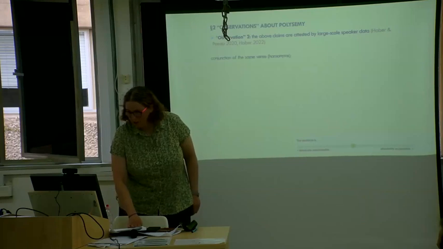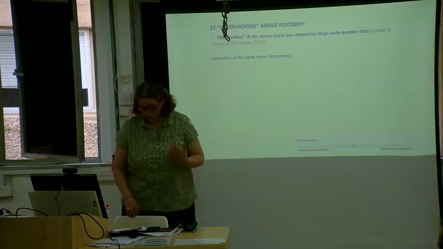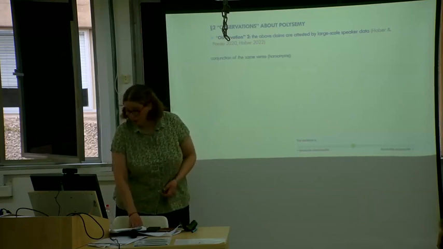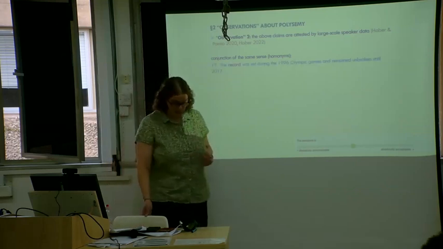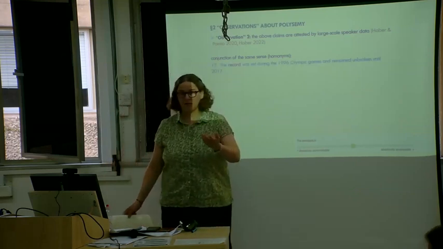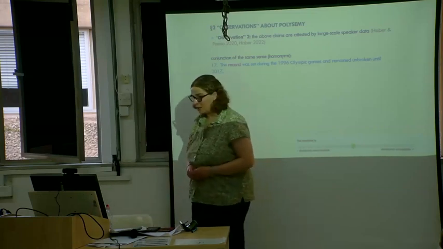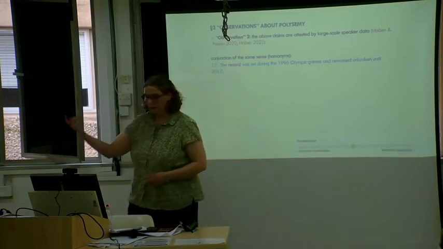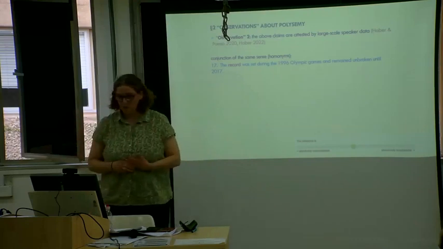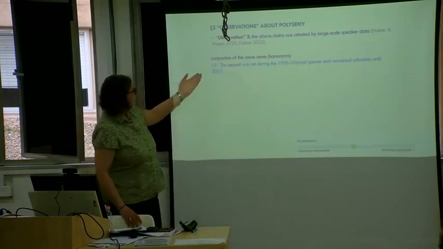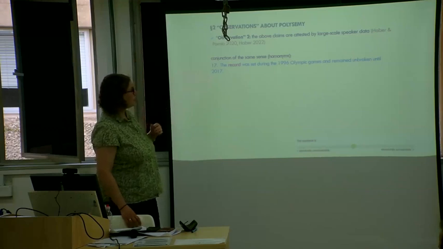Okay, and here's what he did. So he started out with a homonym. Think of the word record. It has one sense where we use it like setting the record in a competition, and it has another sense where it denotes a music album. So first, he formed a conjunction where both conjuncts are using the same sense.